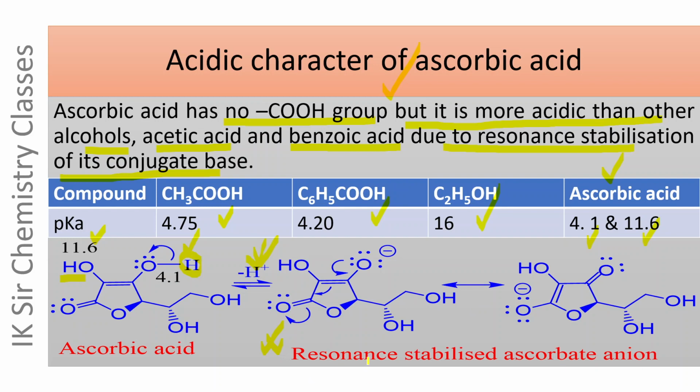This is the resonance stabilized ascorbate ion, and this is why ascorbic acid, having no COOH group, is more acidic than most of the carboxylic acids such as acetic acid and benzoic acid.